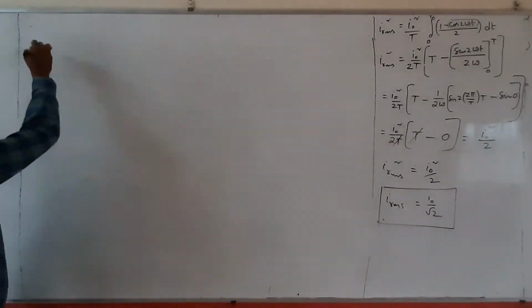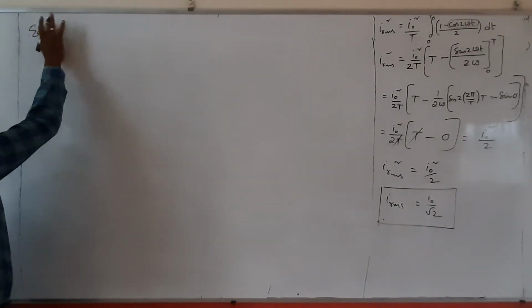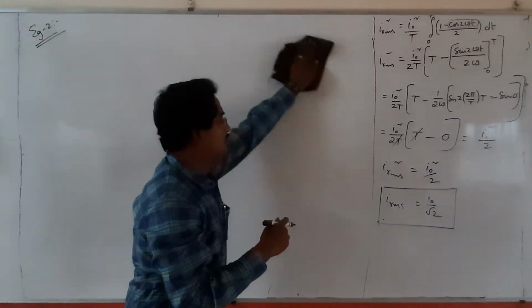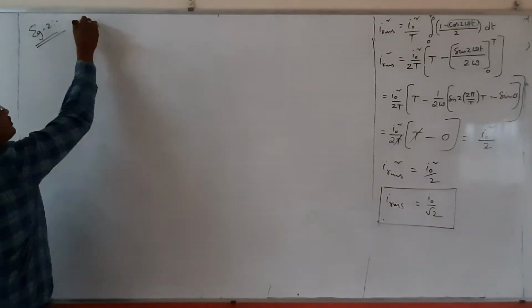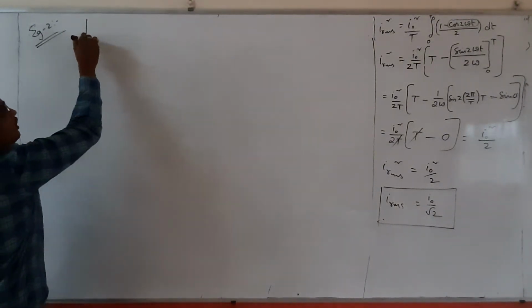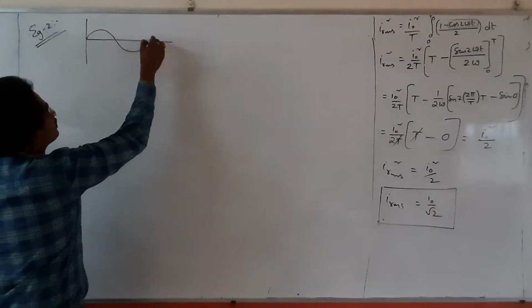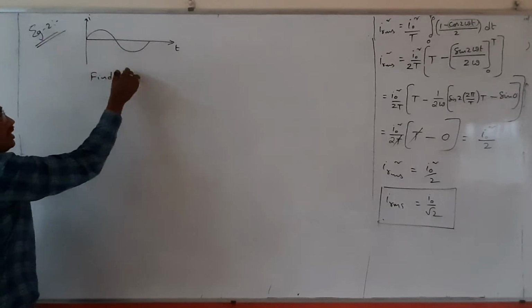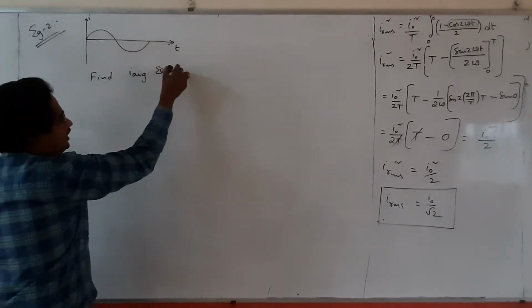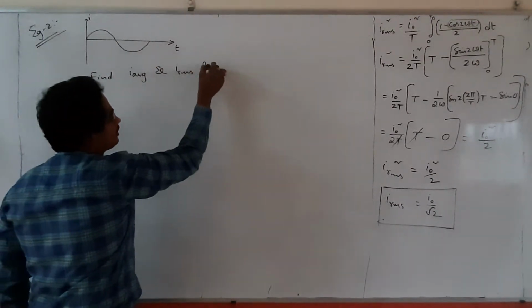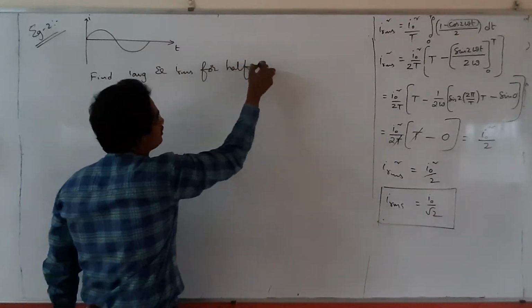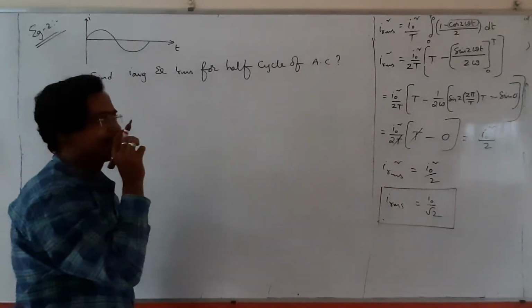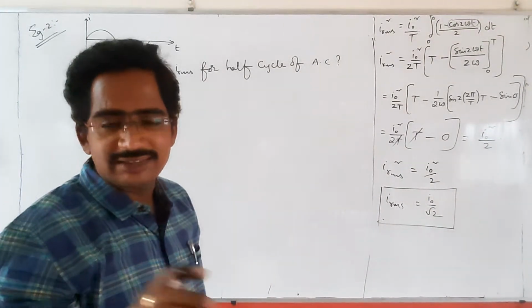Second example. Here there is an AC. Find I average and IRMS for half cycle of AC.